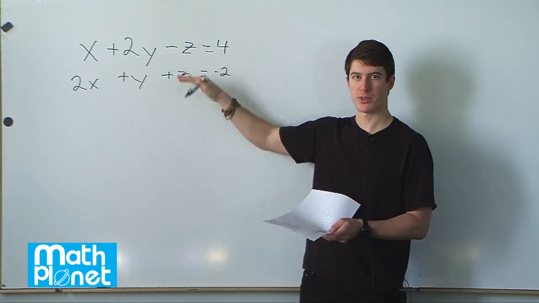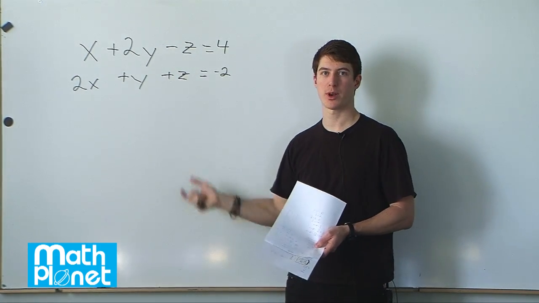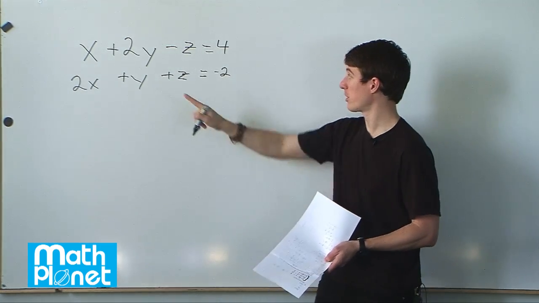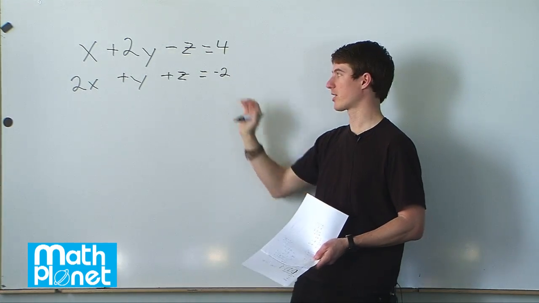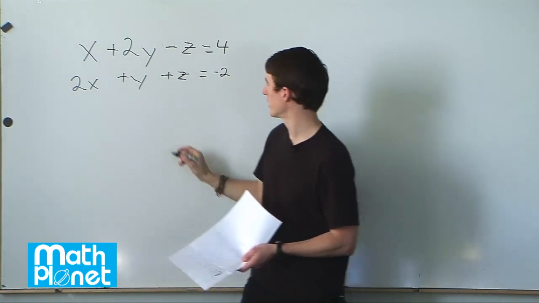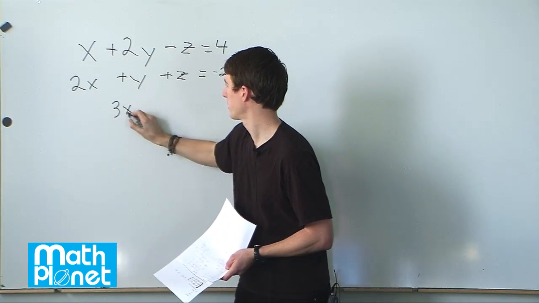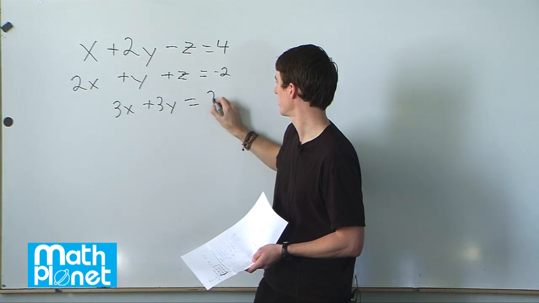So we're allowed to play with these in any way that we want as long as we don't break the rules, but if we add these two together, we're already going to eliminate one variable. We'll come back to solve for that variable later. So if we just add these straight across, left-hand side plus left-hand side, right-hand side plus right-hand side, what we get is these will cancel out and we just have 3x plus 3y equals 2.